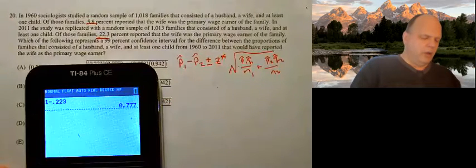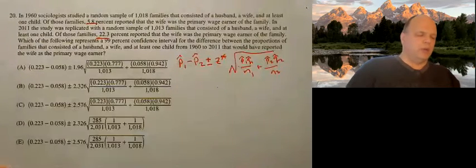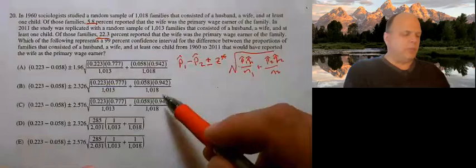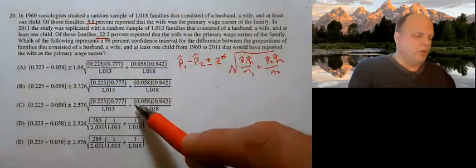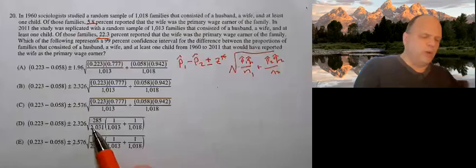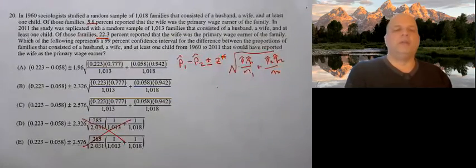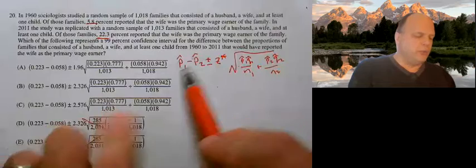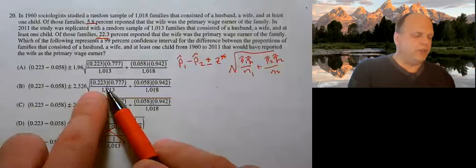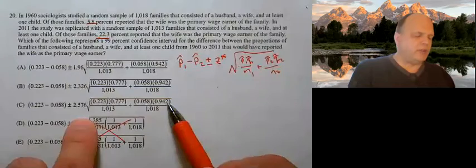And then we have 0.058, 1 minus 0.058, and we end up getting 0.942. So we're looking at these problems and asking, which ones look possible? This one doesn't match. These don't match. I'll address those in just a moment. But these do, because we have the 0.223 and a 0.77, the 0.058, 0.942. So all of those have this correctly.